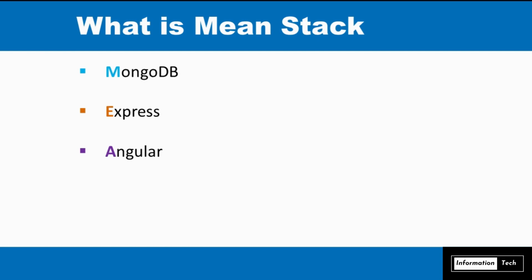And then we have Node, which is a framework for fast and scalable network applications. When you master the MEAN stack, you are able to create dynamic websites and web applications.